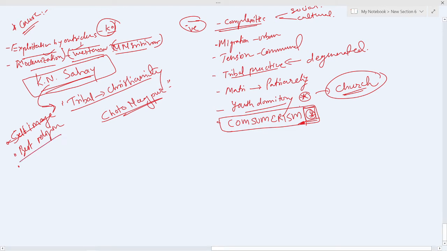This gave a sense of superiority, and this society got divided because there will be Christian tribals and then there will be non-Christian tribals. So that is how the society was divided.